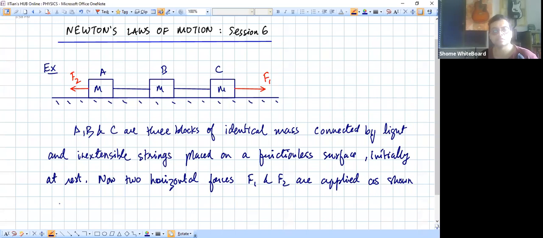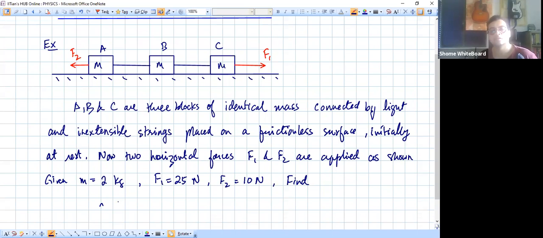So given that suppose the mass of each of these blocks is 2 kilograms and F1 is, let us say, 25 newtons and F2 is, let us say, 10 newtons. Okay, we want to find the acceleration of the blocks. Okay, and we want to find the tensions in both strings.